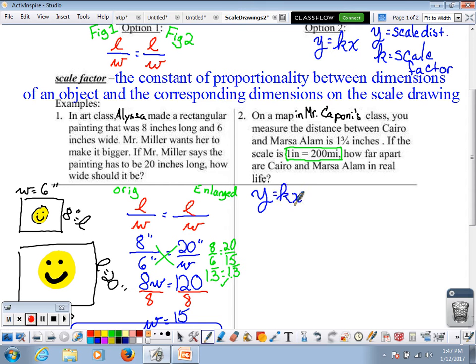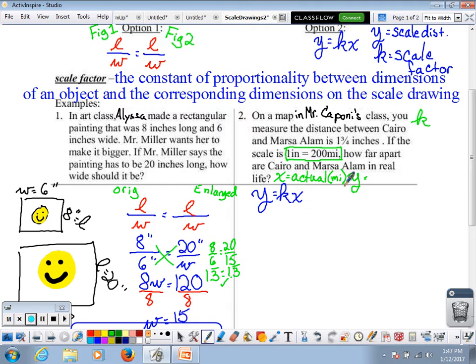But in order to do that, I need to define x, I need to define y, and I need to find a k. Now we said x is going to be the actual distance. So that's miles.